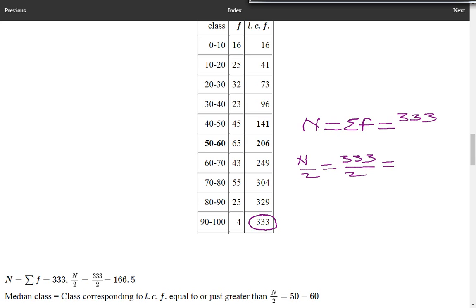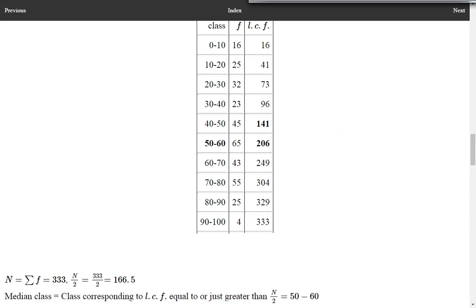The value of n by 2 will be equal to 333 by 2, which is 166.5. So this 166.5 comes in between 141 and 206. Out of these, let us select the higher one.